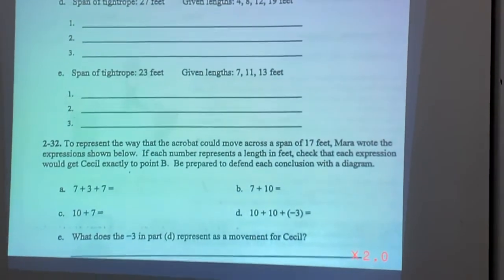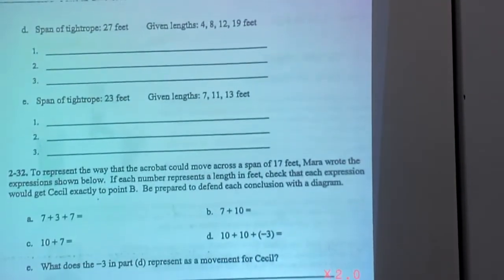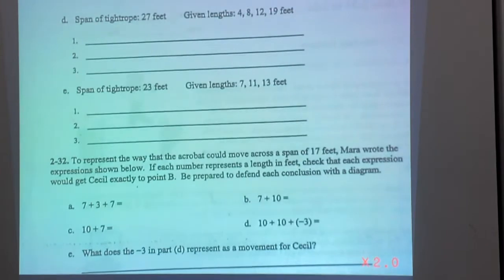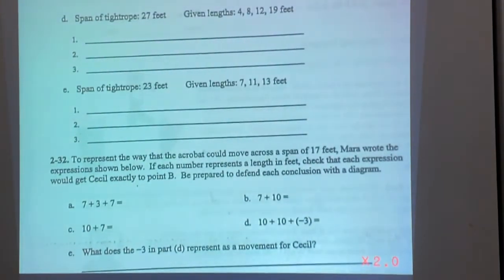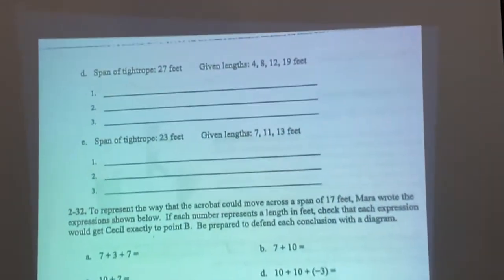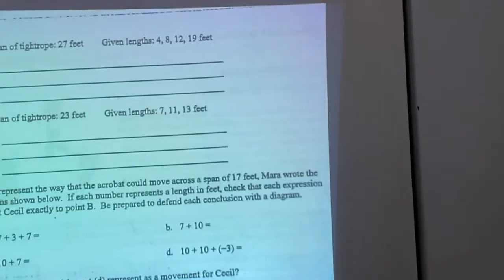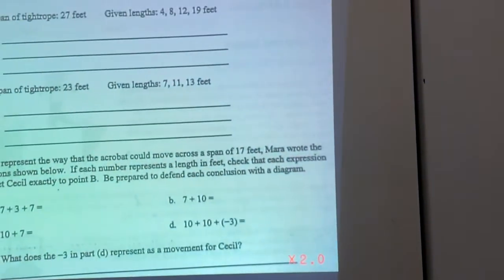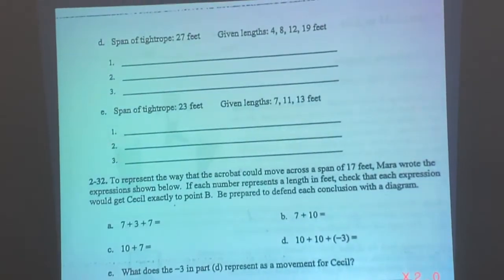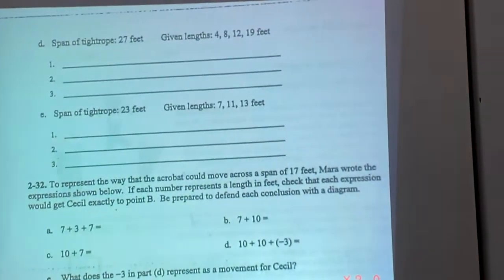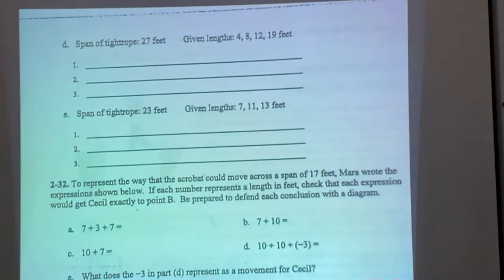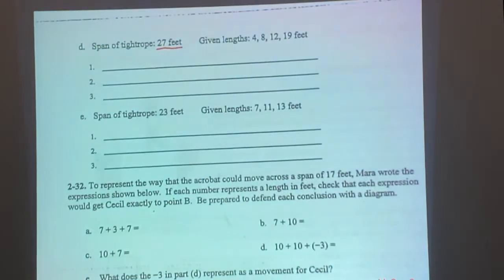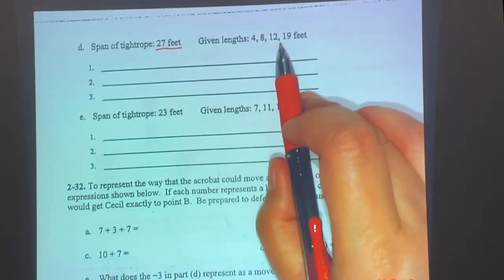So now the tightrope is 27 feet. We're allowed to use these 4 numbers, well really 8 numbers, because these 4 positives and their opposites.